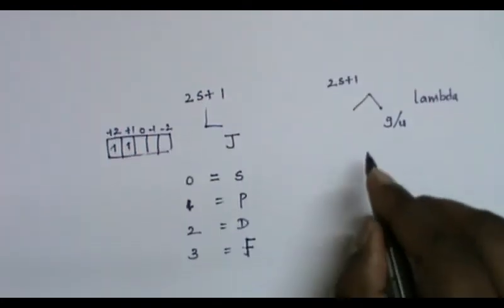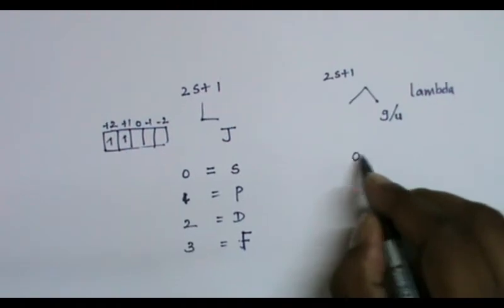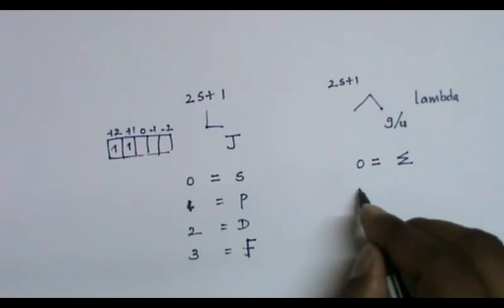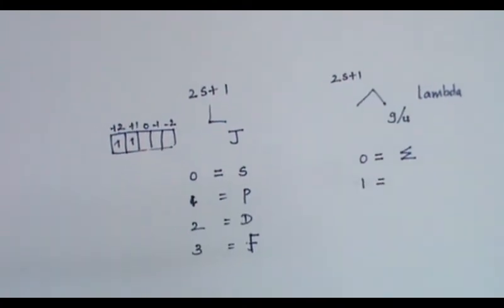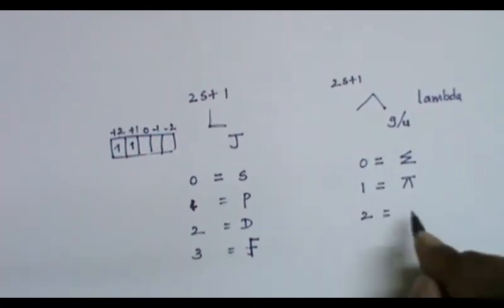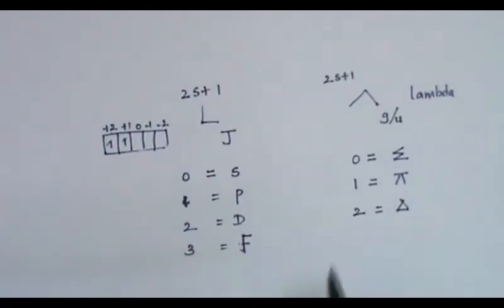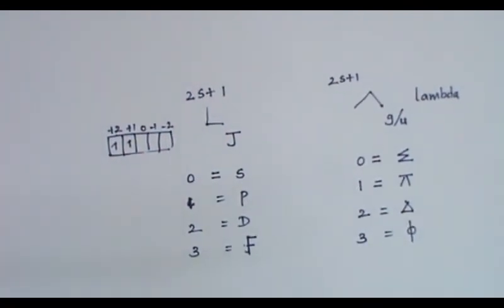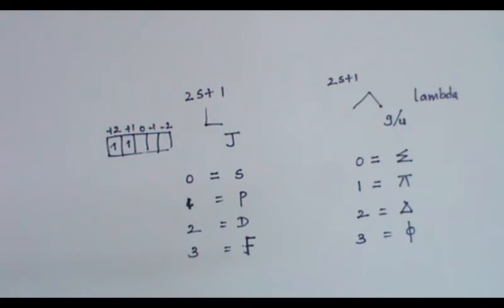Here, if the lambda value is 0, we go for sigma. If it is 1, we go for pi. If it is 2, we go for delta, and if it is 3, we go for phi. Generally, students get confused between these symbols because they are not familiar with them. But there is a correlation between the two.